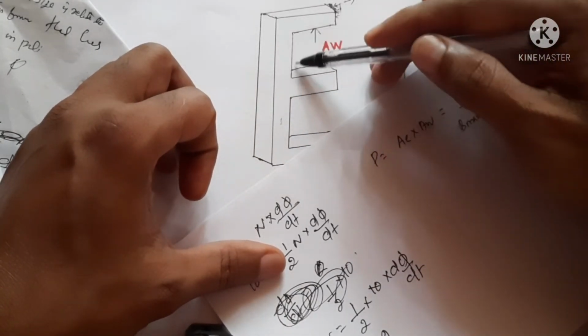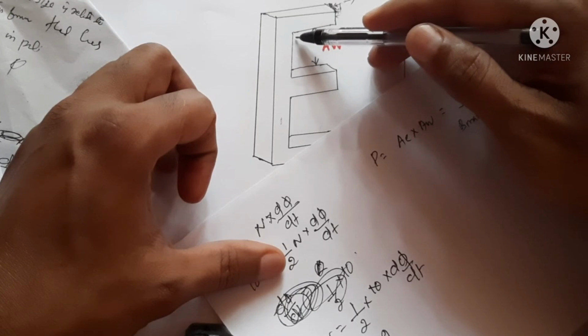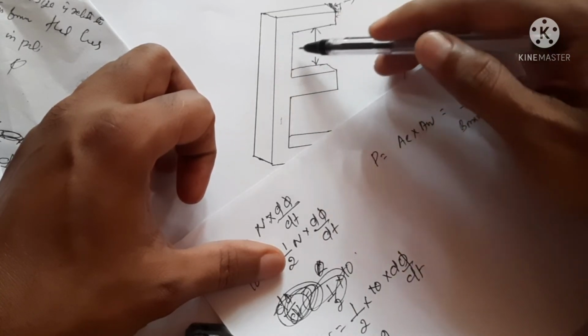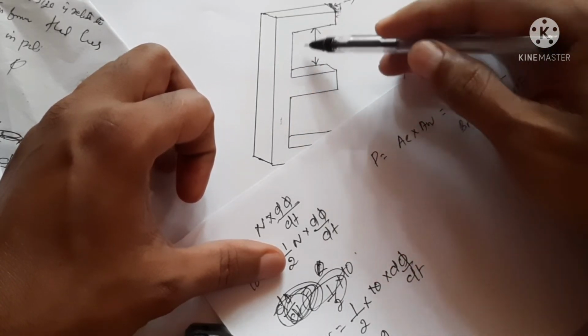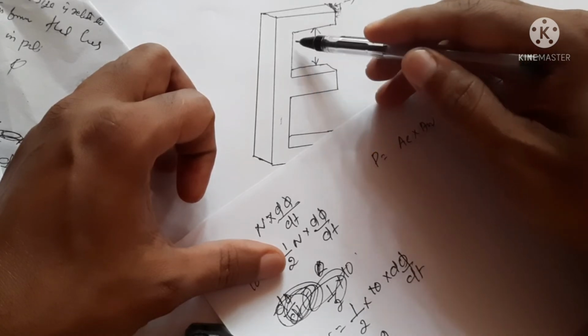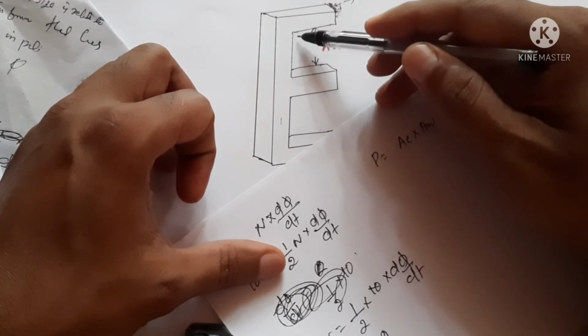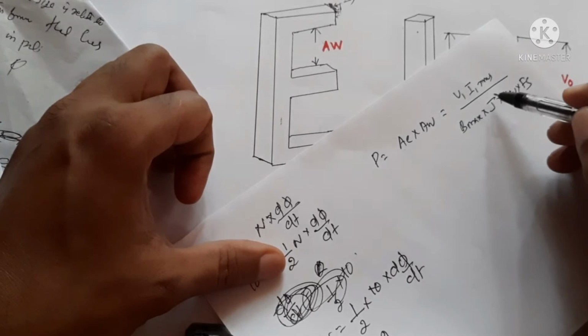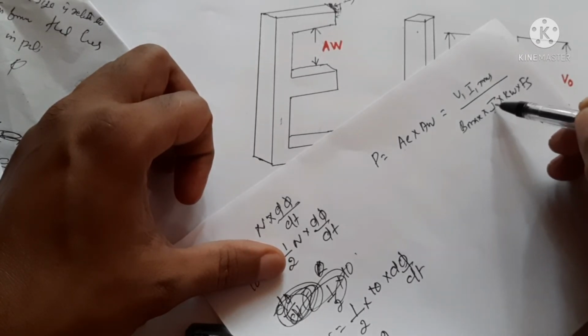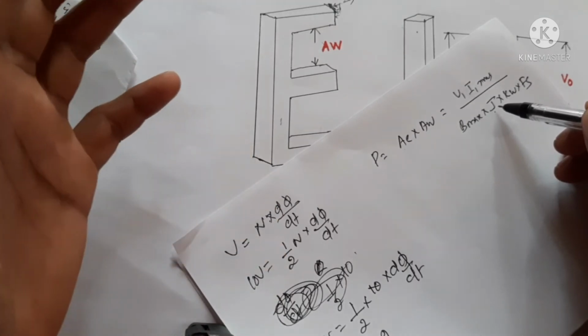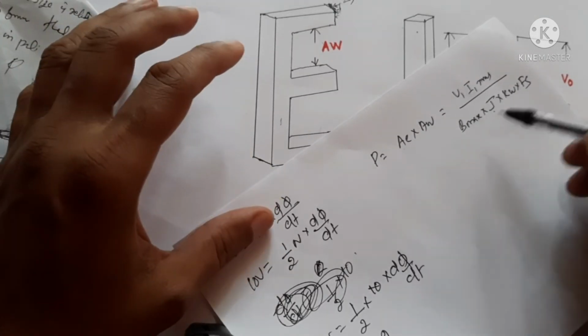AW means the area where we are winding the wire. If we want thick wire, large current, this area has to be increased, or J has to be increased. J means the current capability of the conductor.